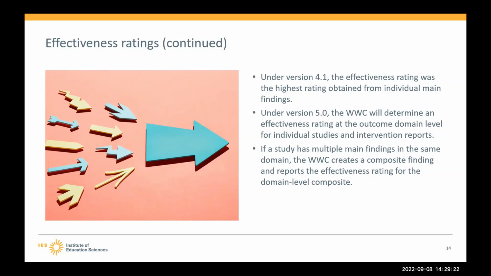So there were multiple paths that could be invoked when generating a rating. Under version 5.0 of the handbook, there is only one path for the effectiveness rating for a study with more than one main finding in an outcome domain, and this involves the composite finding. We'll show you a picture of this in a moment.